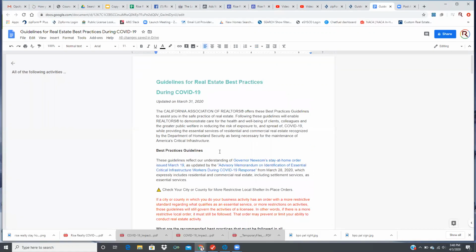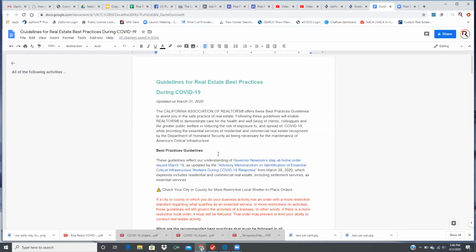If you want to add this in as some additional disclosure or protection or whatever you want to call it to your listing agreement, or even if you have a buyer transaction going on and you want buyers to look through this so they also have an understanding of the sensitivity of what's happening in our industry, I think it's not a bad idea to add this in as well.